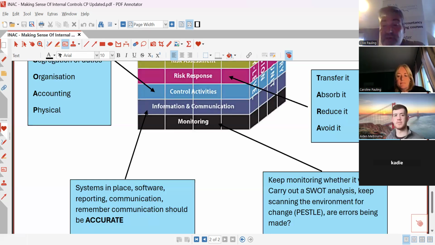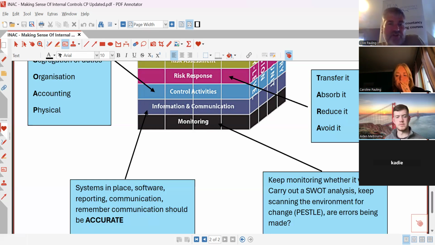These are going to immediately impact upon us, and we need to make sure that our control systems are robust enough to deal with these changing circumstances. So again, this is where models like PESTLE and SWOT can come in to help you analyze whether your control systems are performing.